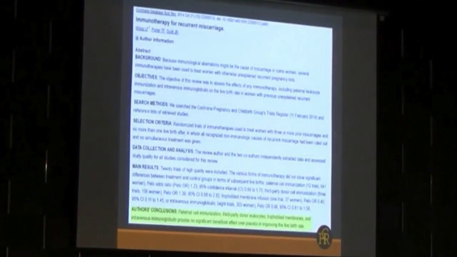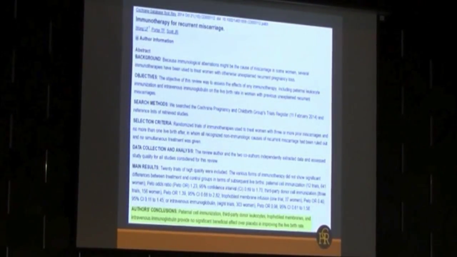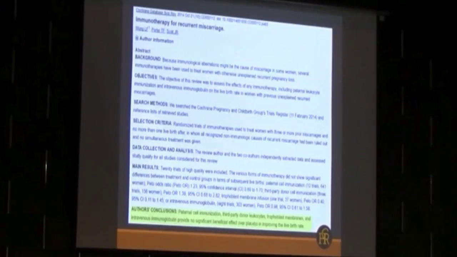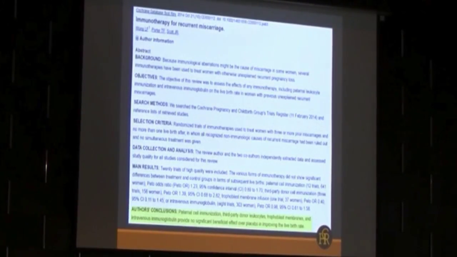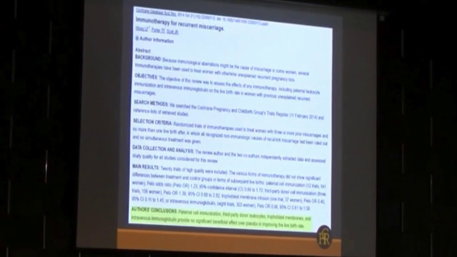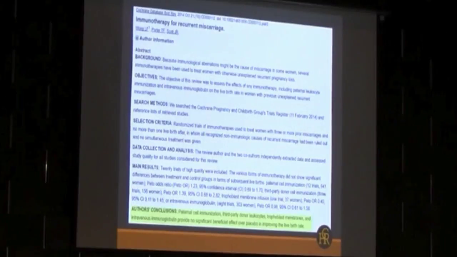Now, a controversial issue is immunotherapy in patients with recurrent pregnancy loss. I'm showing you here 2 recent Cochrane reviews, where the first one says that the outcomes after such therapies are not very good, and the next one says that the outcomes are good.